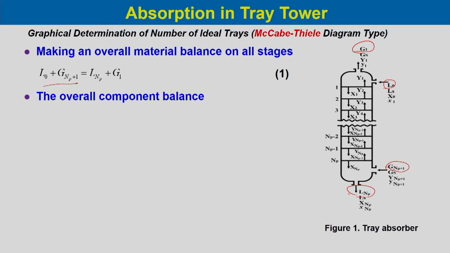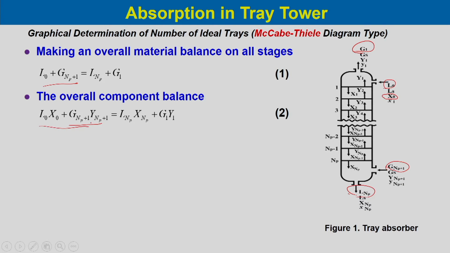Now, if we do the component balance for the solute, with the inlet liquid we have L naught x naught, and similarly with the inlet gas, plus G n p plus 1 into capital Y n p plus 1, which is over here.